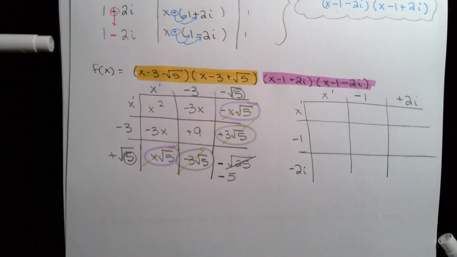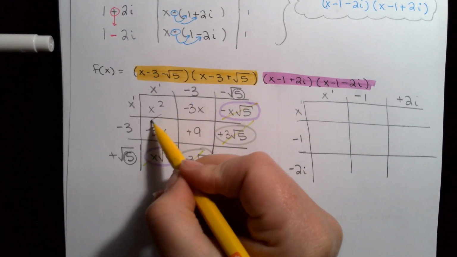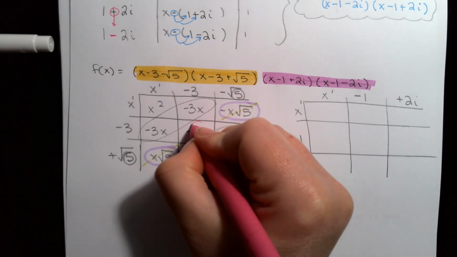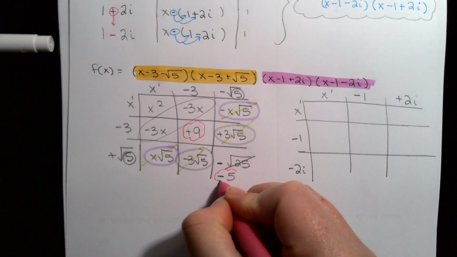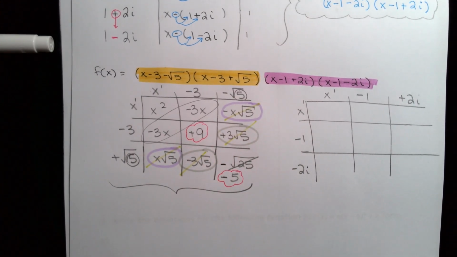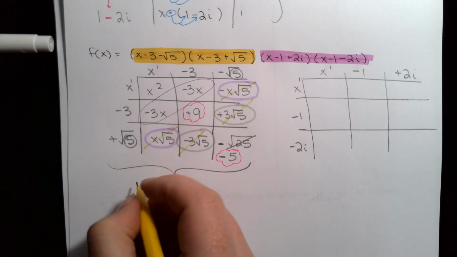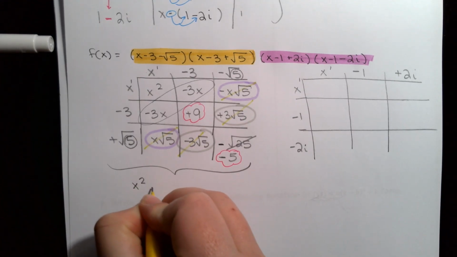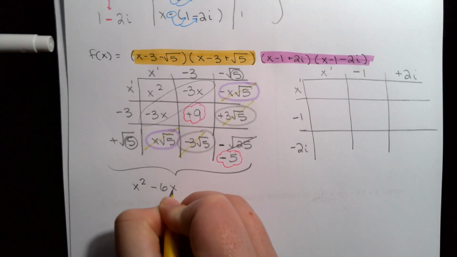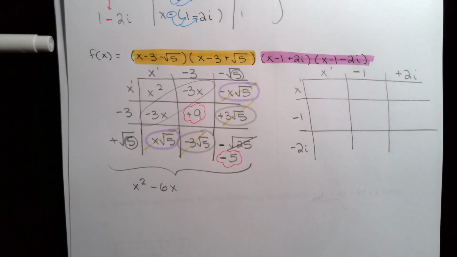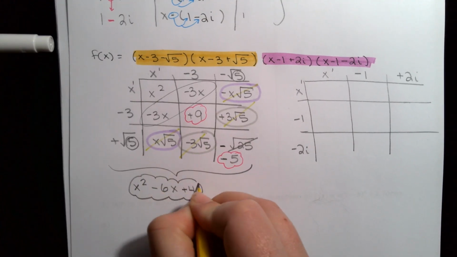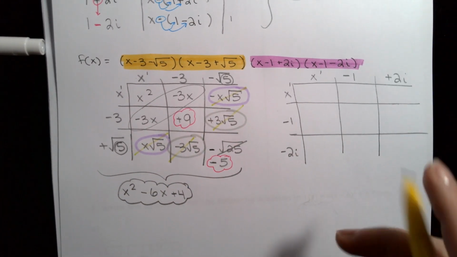And we can continue to combine like terms here, adding these negative 3x's. And then these ones here, we do need to subtract. So this multiplication gives us a trinomial, x squared minus 6x, 9 minus 5 is a positive 4. I'm going to put that in a thinking bubble. This is not my answer. I'm going to move on to the next multiplication.